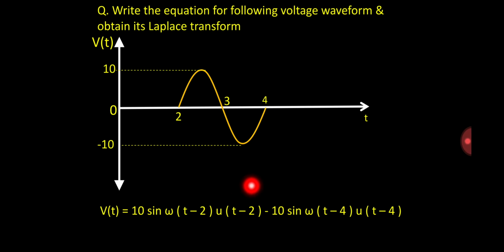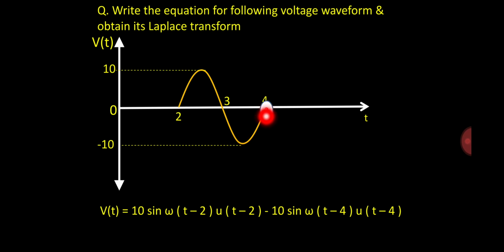And u of t minus 2, the unit step function, is always associated with any function. That's why u of t minus 2. And here from the starting point the waveform is going to the positive half cycle. That's why the magnitude of the sine is plus 10. Then we write down the next equation at the ending point, for the instant 4. For the finishing point the waveform is coming from the negative half cycle.